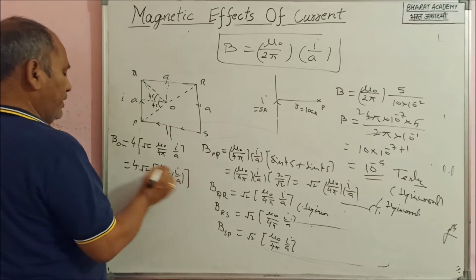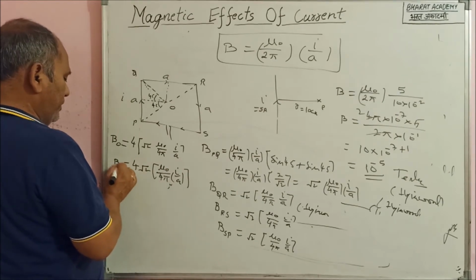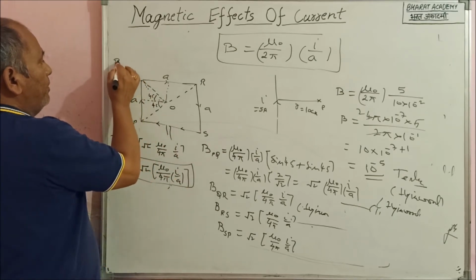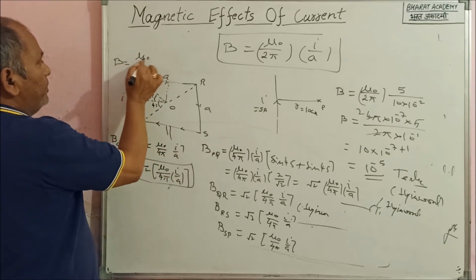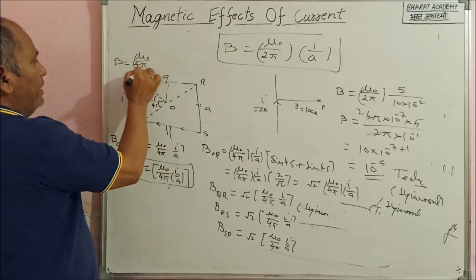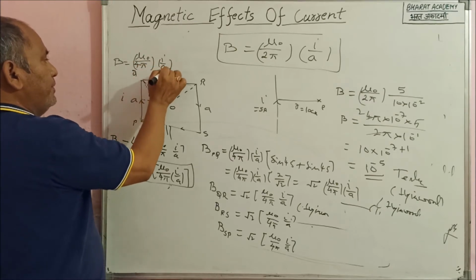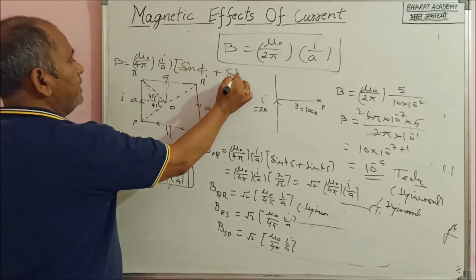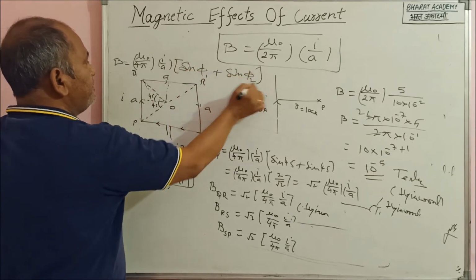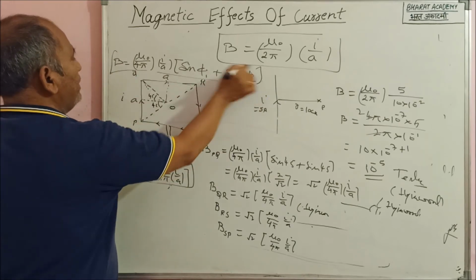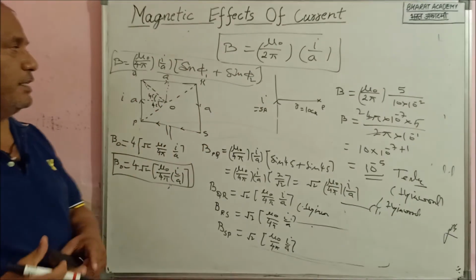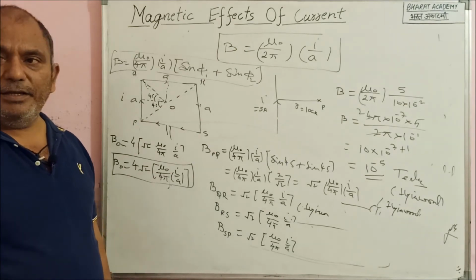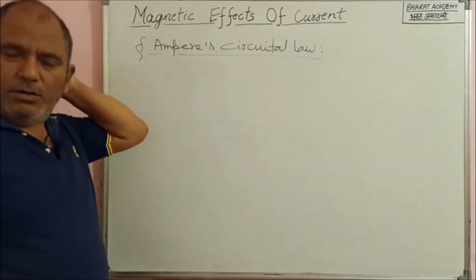What I mean is that if the limits are given, then you have to apply the original formula B equal to mu 0 by 4 pi I by A into sin phi 1 plus sin phi 2. If limits are not given, and simply a straight line wire is given, the formula will be simply mu 0 by 2 pi I by A.